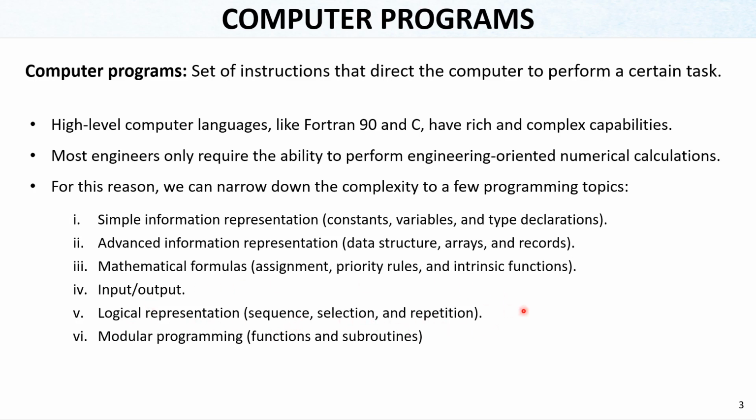We will talk about these in the following slides anyway. And the sixth is modular programming, functions and subroutines. So the first 3 or 4 can be easily done, but for these 5 and 6 we need to think about these while working on the first 4 to be able to have an organized computer code.